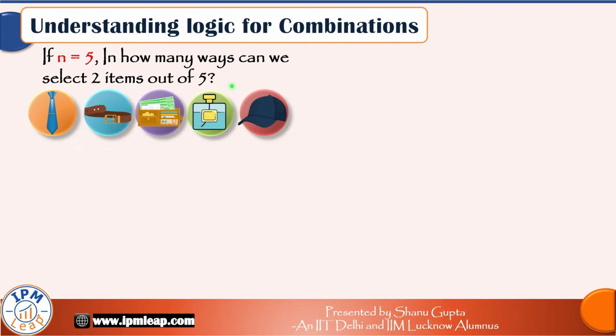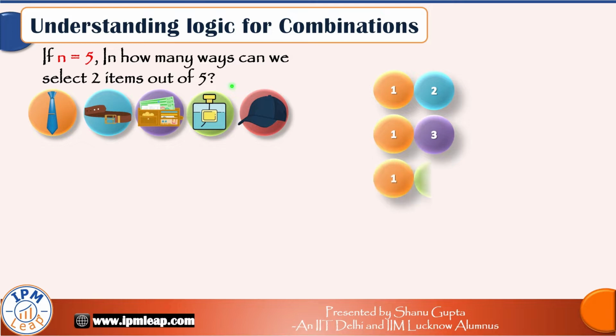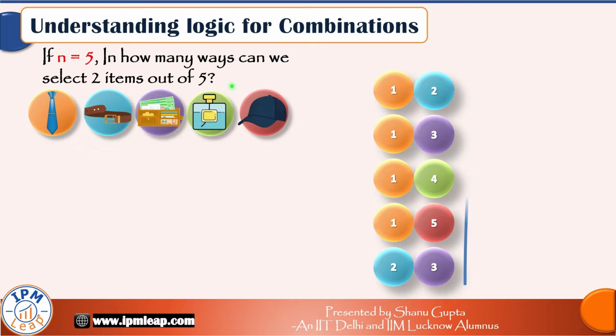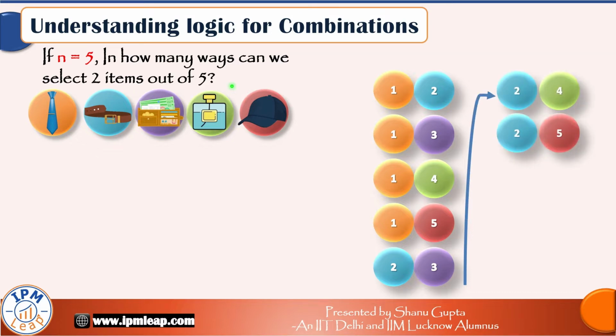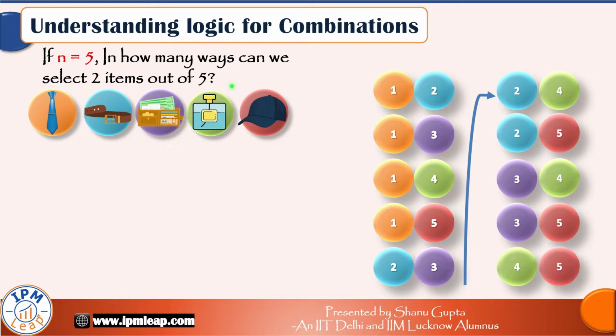So either we will select the first and second, or first and third, or first and fourth, or first and fifth, or second and third, or second and fourth, or second and fifth, or third and fourth, or third and fifth, or else fourth and fifth. These are the only possible combinations of 2 items out of 5. Let's count the possibilities. How many of them are there? They are 10 in number, as we just listed down.